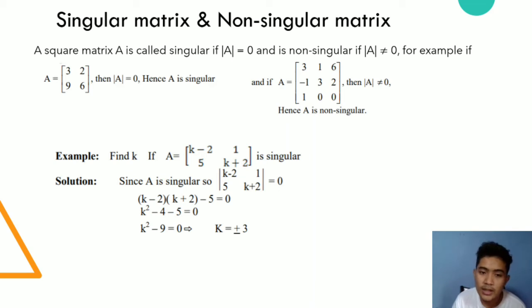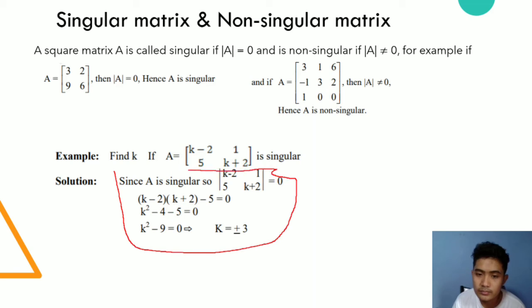Example: find K if A, K minus 2, 5, 1, K plus 2 is singular. The solution is like this, K minus 1, and is the answer.